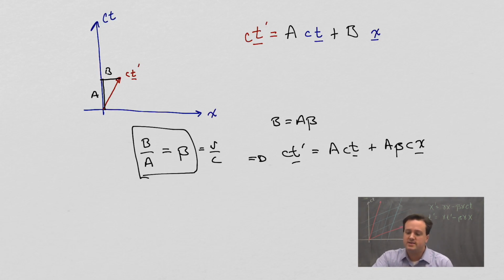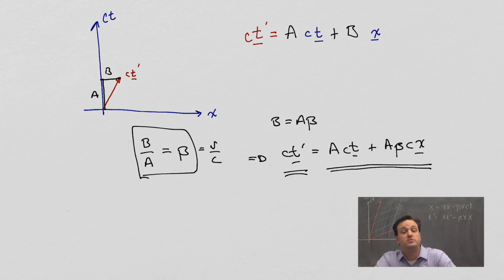Okay, but I can see now that I've written the CT prime as a linear combination of t and x. The only thing we have left is to find out what A is, right? Because that obviously can't be something that's unknown, because I must have a way of being able to define what a unit vector looks like in a different reference frame.